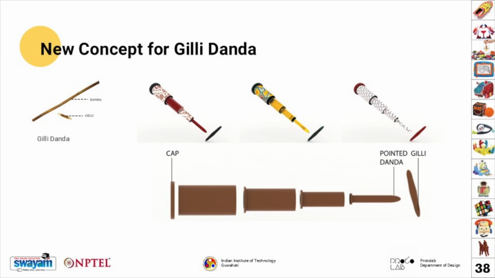In the concept generation phase only, material and manufacturing aspects were considered. The manufacturing can be done with plastic. In this case, it can be high-density polyethylene plastic, as it is safe and light for kids to play. The cap is to be made of rubber, as it is easy to remove.